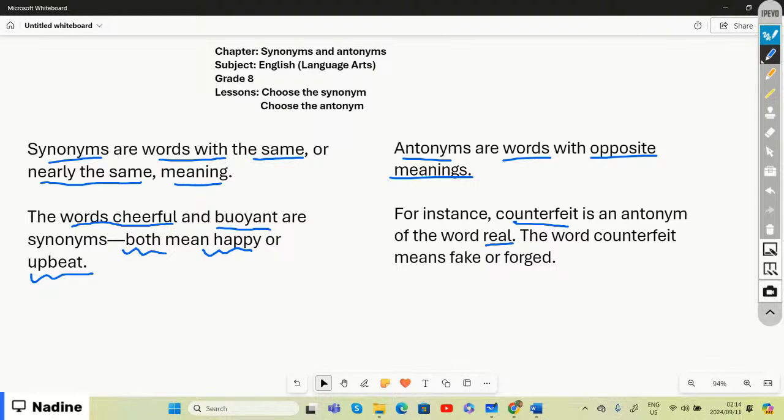If we were to think of more examples of synonyms, words with the same meaning or almost the same meaning, as well as antonyms, words with the opposite meaning of that specific word.